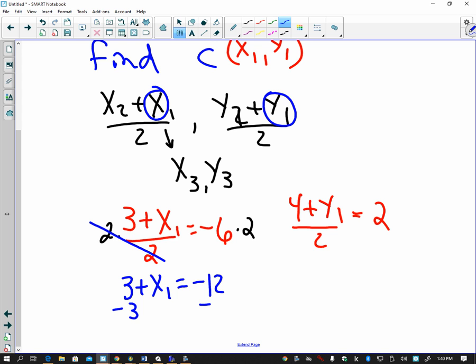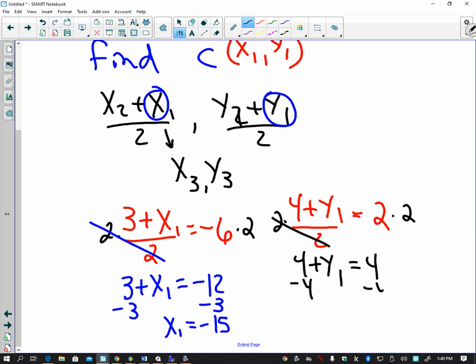Subtract 3. x1 equals -15. Same thing over here. Multiply by 2 on both sides. 4 plus y1 equals 4. Subtract 4, subtract 4, y1 equals 0. So the coordinates of C are -15, 0.